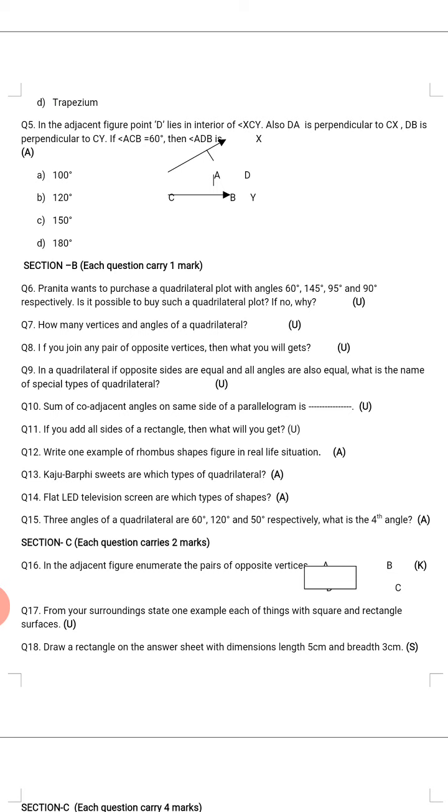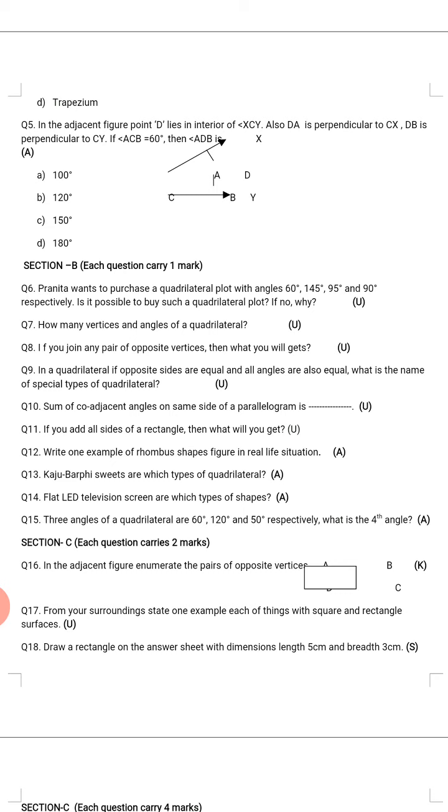Is it possible? Is it possible to buy such a quadrilateral plot? If yes, then why? If no, then why? So this question goes to understand.